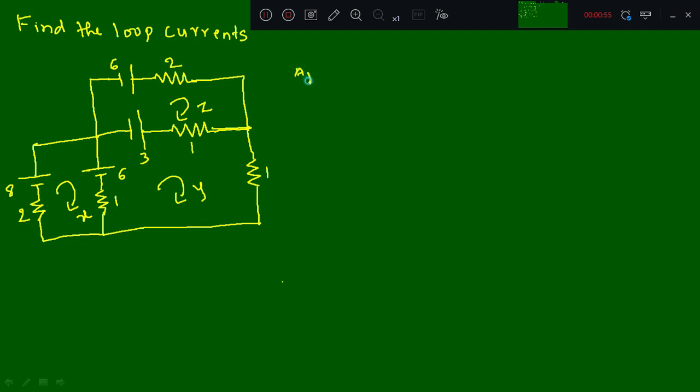Apply KVL to the x loop. So we get the equation, assuming the current directions, plus minus, then plus minus: 2x minus 8, then plus 6, then plus 1 into (x minus y) is equal to 0.